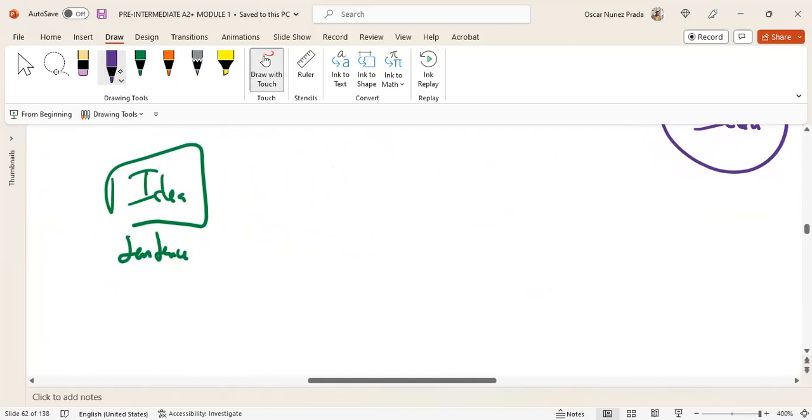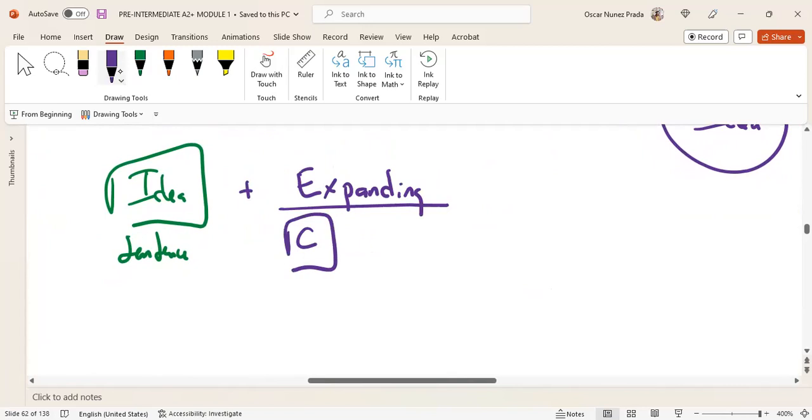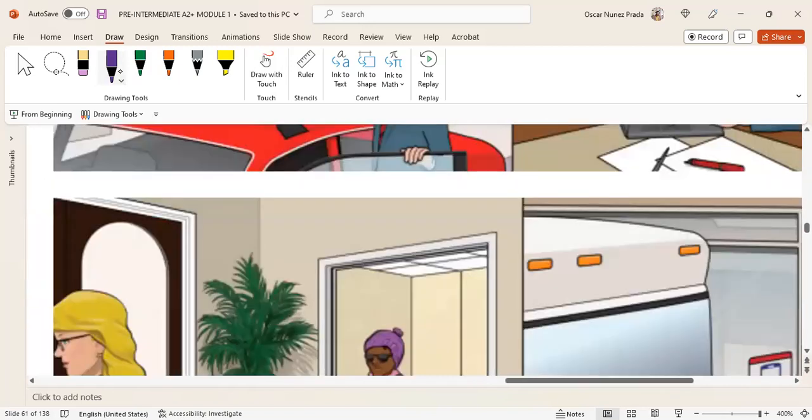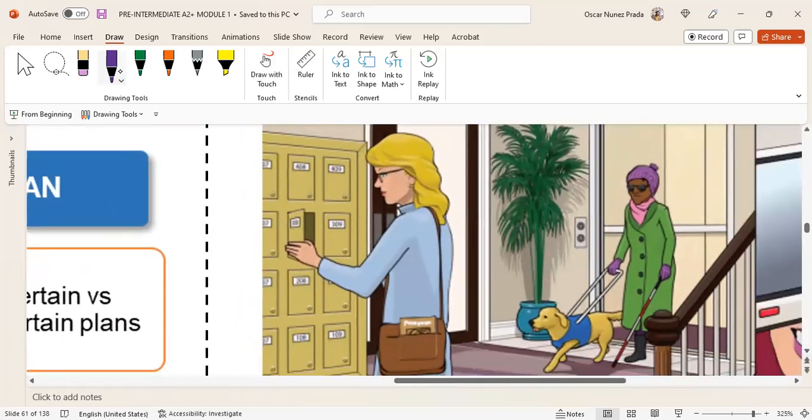When you say that, you can expand. Expanding means that you're gonna start using connectors. Sorry. To use a connector. You can say, for example, the woman works in an office. For example, she is an assistant.